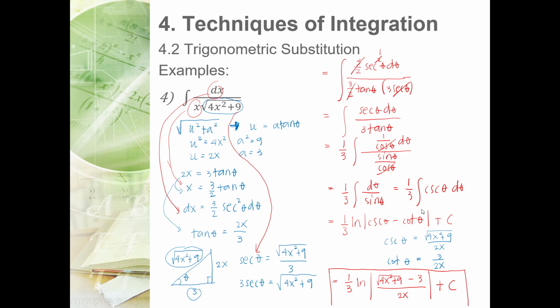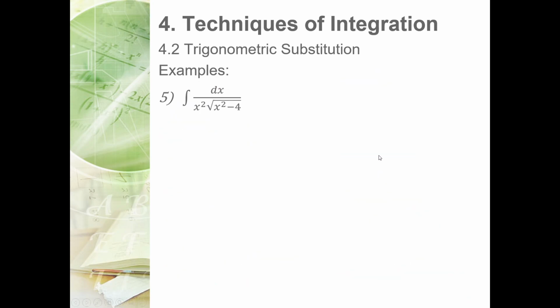Okay, so let's move on with the next example. Okay, since there are no questions. So again, observing the radical expression, this is the square root of u squared minus a squared.